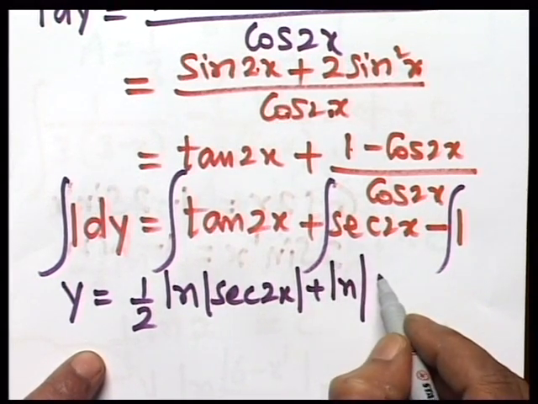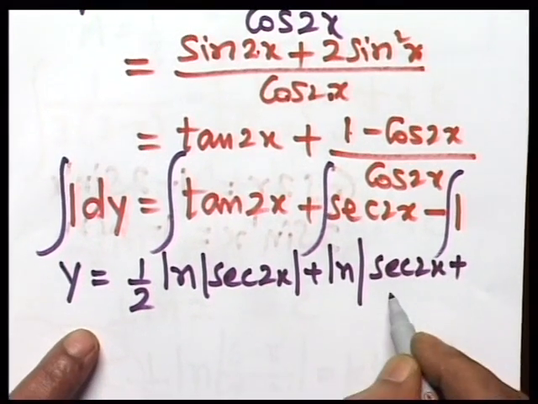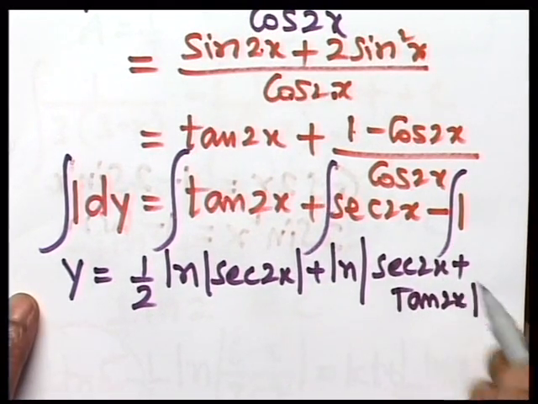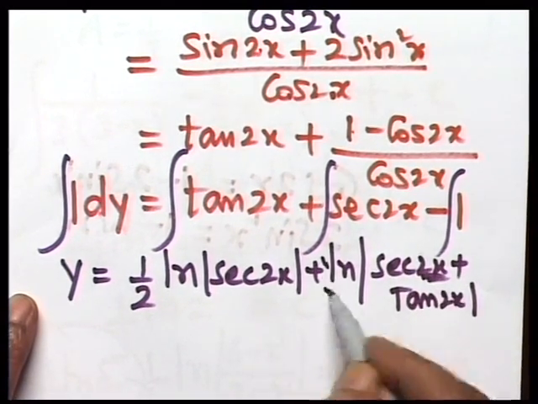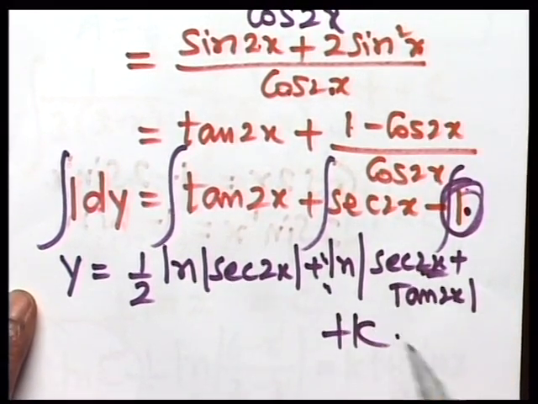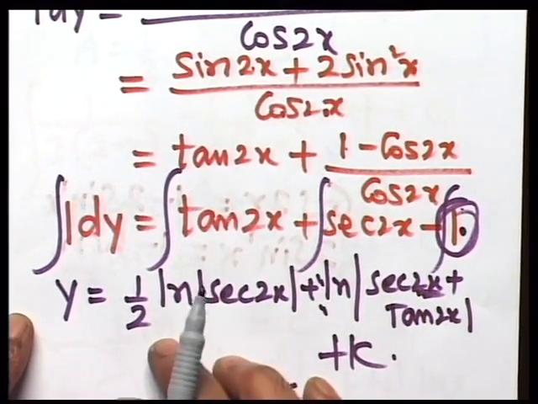So ln inside the bracket, sec 2x plus tan 2x. Sorry, I'm running short of space there. And then we differentiate the 2, you get a half in the front, then 1 gives x, and then plus k. No initial condition. They asked us to find the general solution only.